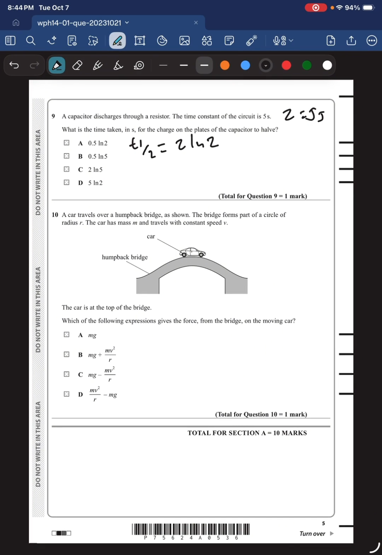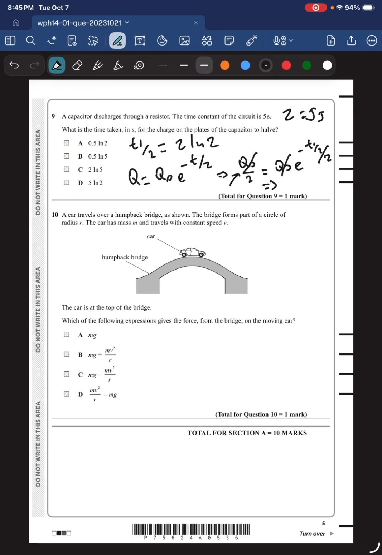Okay, so the way to find it in case you forgot it is to use Q. Charge remaining is the initial charge times e to the minus t over the time constant, and to find the half-life you need to assume that half the charge is gone, so you substitute Q naught over 2 on the left hand side, and on the right hand side you are left with e to the minus t one-half, which is the half-life, over tau.